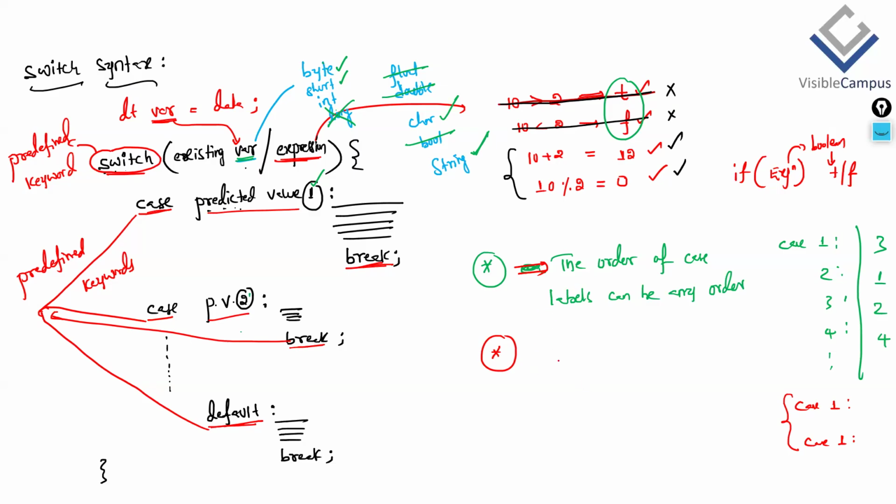That's why predicted values have to be unique, or case label values have to be unique. And they should be different from each other.